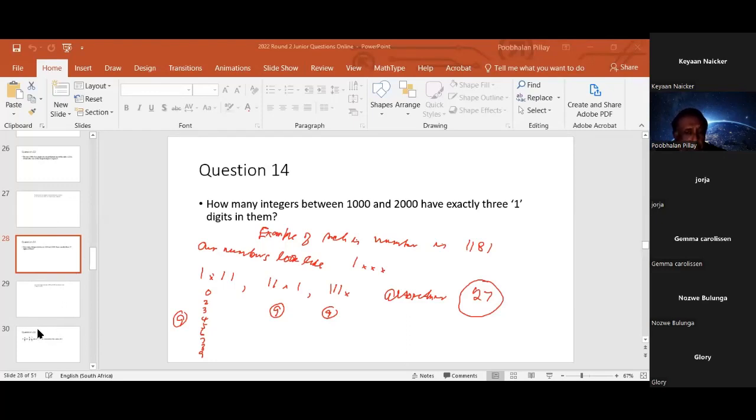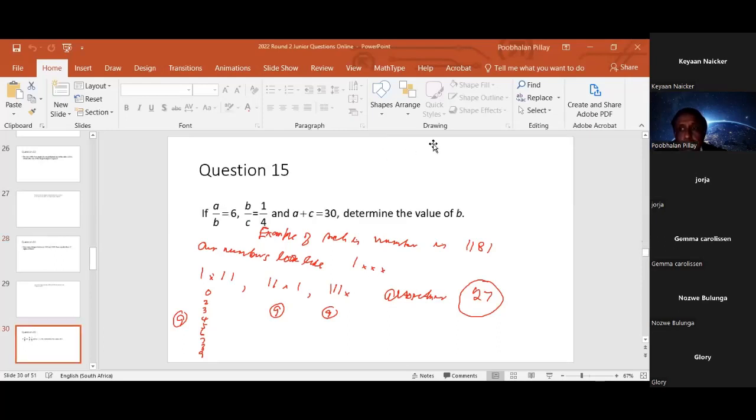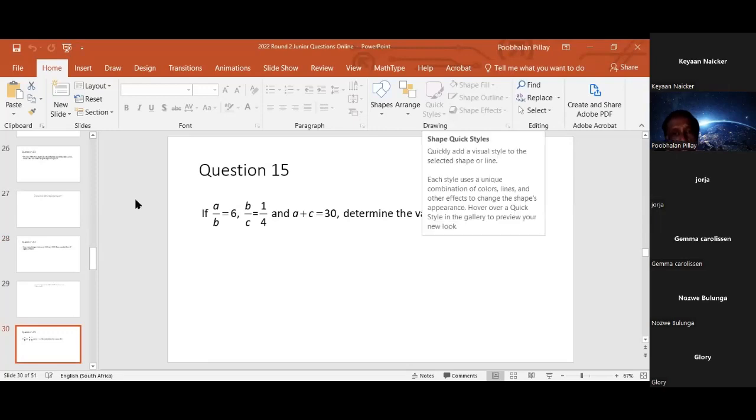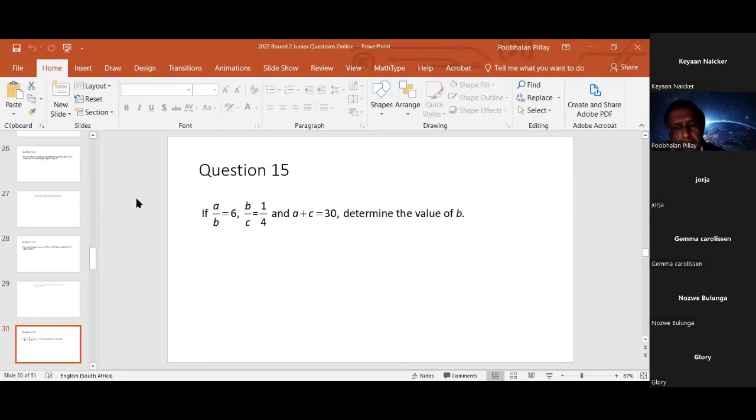Okay, we got on to problem number 15 now. Problem number 15 says, I chose red at some point and I'm continuing to use red.